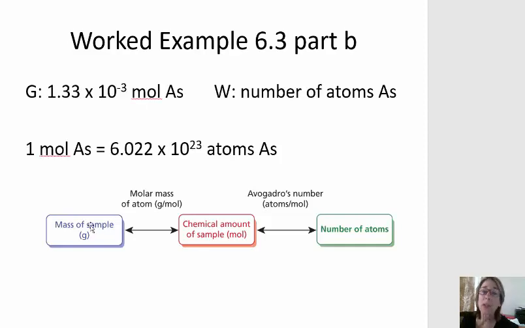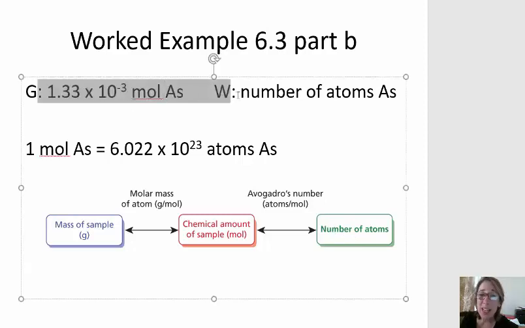Now, part B asks us to determine how many atoms there are in that sample. So if we look at our flow chart, this bucket number of atoms, we can only get to from moles, and we get from moles to number of atoms through Avogadro's number. Well, we just calculated the number of moles, so we know what that is.